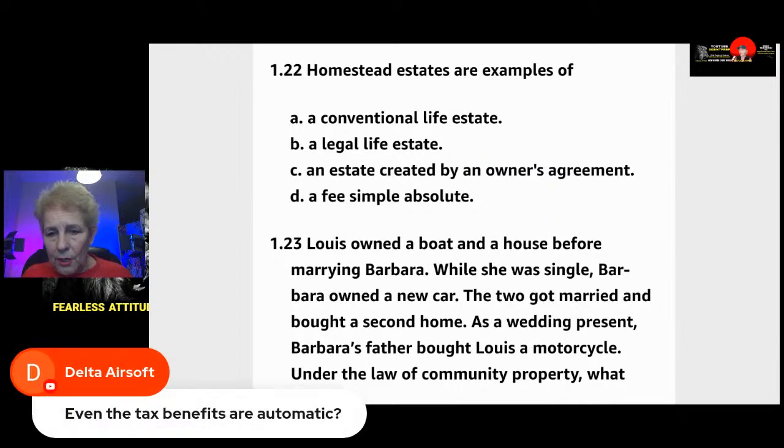Okay, so even the tax benefits are automatic? Yes and no. If they want the tax reduction exemption, they do have to go and fill out a form with the county tax assessor or the county appraisal district.